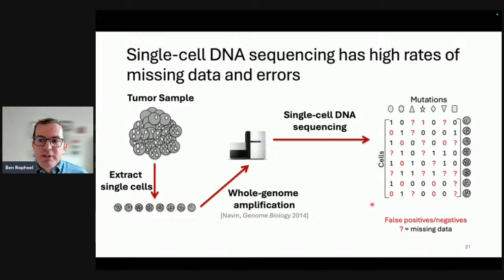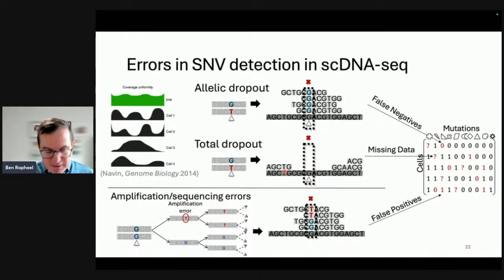And these errors are, again, due to the various techniques we have to apply. When we do this genome amplification, we have various biases in how uniformly we can amplify. And so that will lead to what's sometimes called allelic dropout, where we don't measure one of the 2 parental chromosomes. We might fail to measure both the parental chromosomes. We might, when amplifying, introduce errors, or when we sequence, introduce errors. And so all of these lead to errors in this matrix.